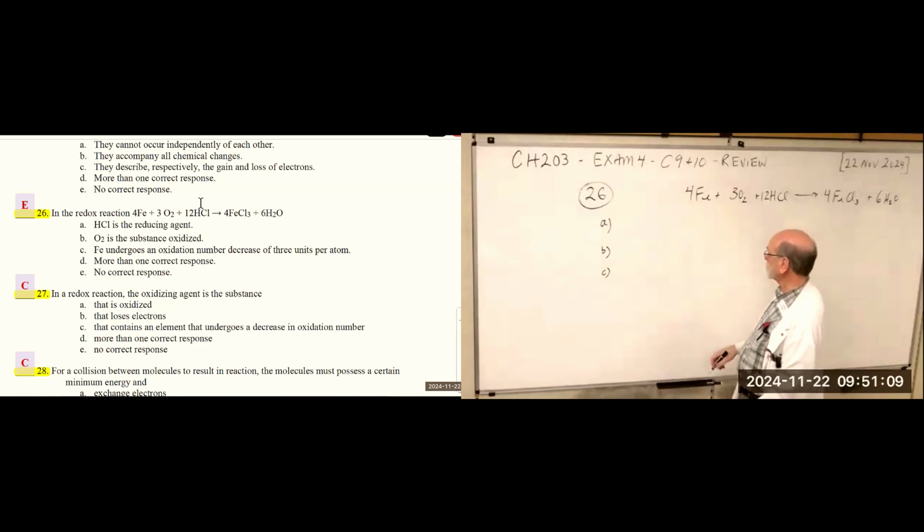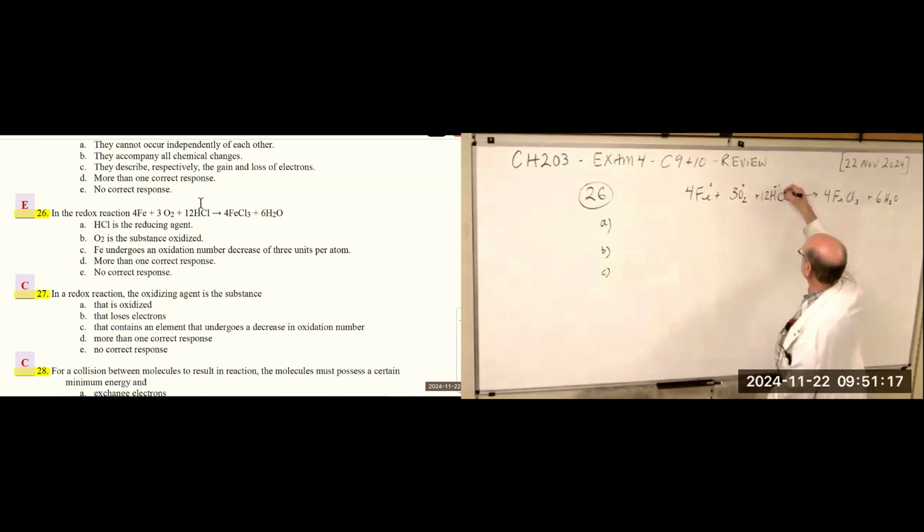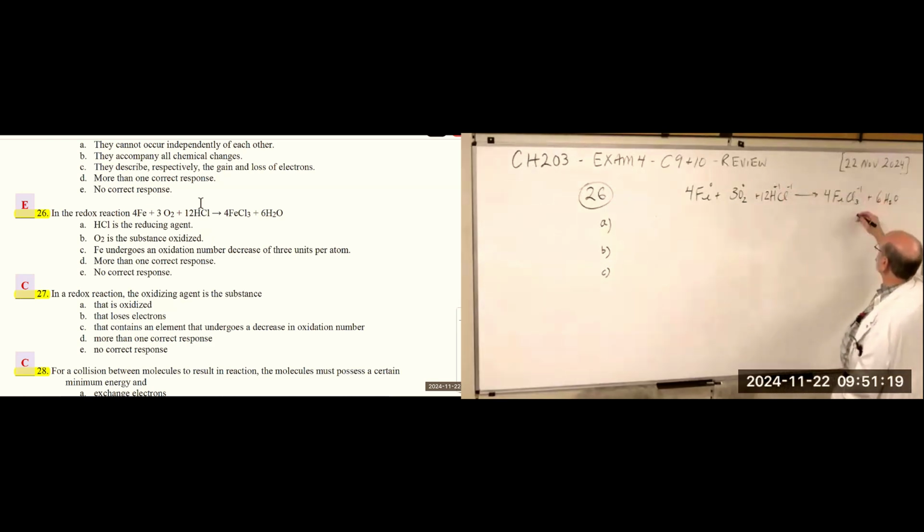All right. So let's see. Oxidation states: 0 there, 0 here, -1 plus 1, -1 plus 3. We have to assume chlorine is -1 here. Otherwise, we can't tell what iron is. -2 and +1.